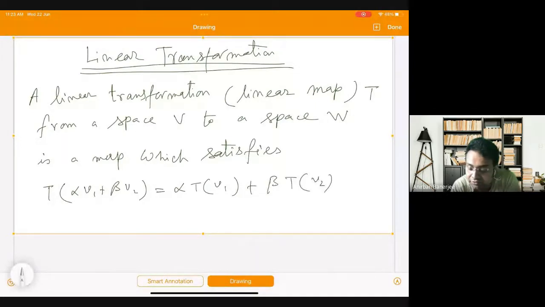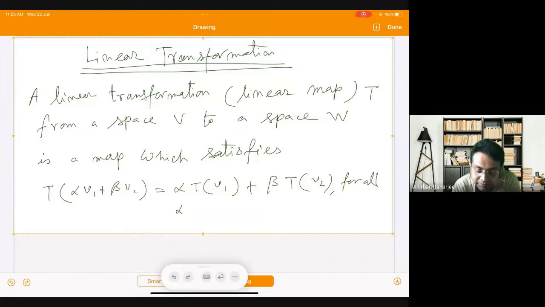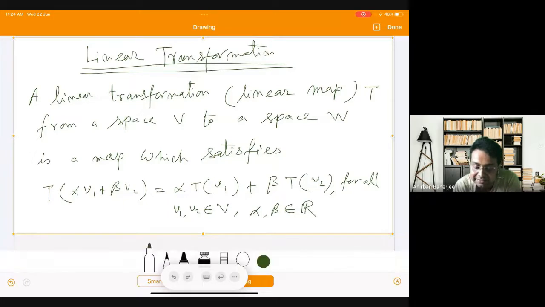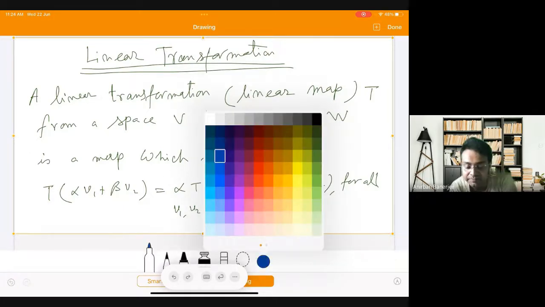This is true for all pairs of vectors V1, V2 belonging to V, and alpha, beta are real numbers. Okay, and of course, this linear map is from V to W.